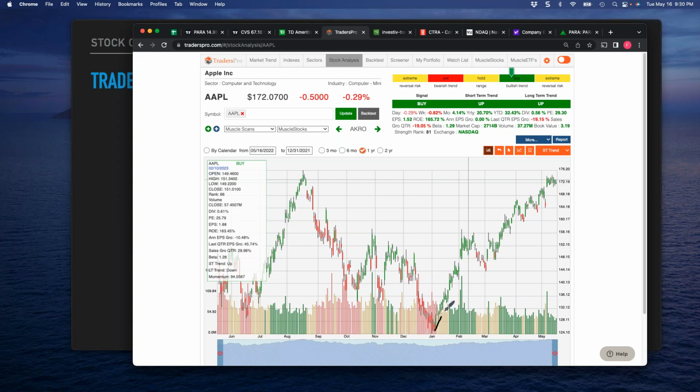Suppose you bought it in January, you've ridden it all the way up here to about 152. You see the stock start to drop and it generates these red signals. Now this may be a good signal to go ahead and take some profits, sell the stock and maybe look for it to turn back again.